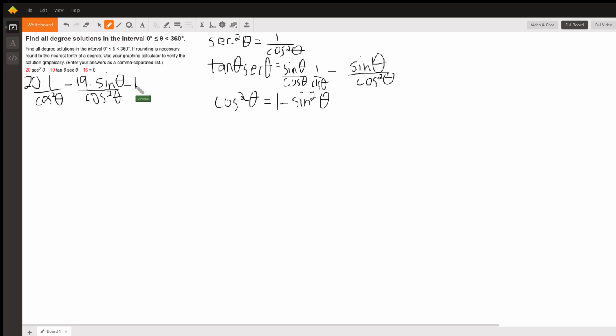And then minus 16, but we would like for it also to have a common denominator of cosine squared. So we'll multiply it top and bottom by cosine squared theta. And this is supposed to equal 0.